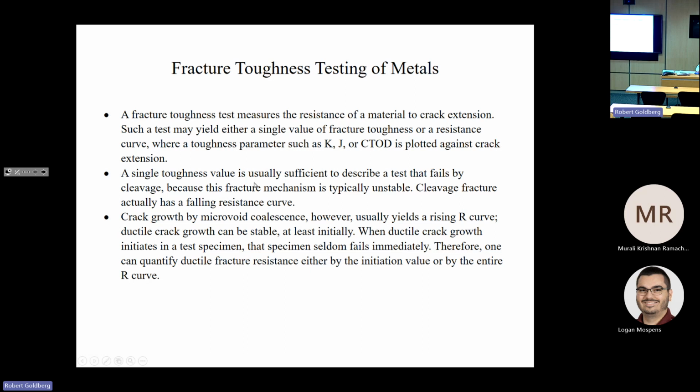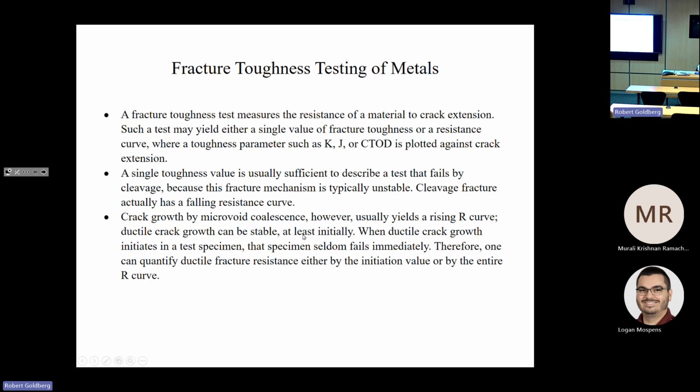A single toughness value is usually sufficient to describe tests where the material fails in that manner, and for cleavage fracture, it actually has a falling resistance curve. Conversely, other mechanisms that lead to a more ductile failure, such as microvoid coalescence, you'll end up with a rising R curve.